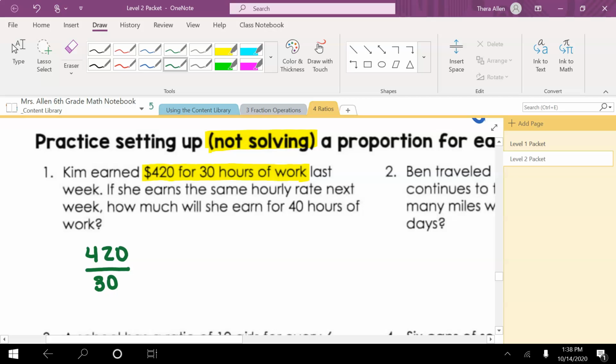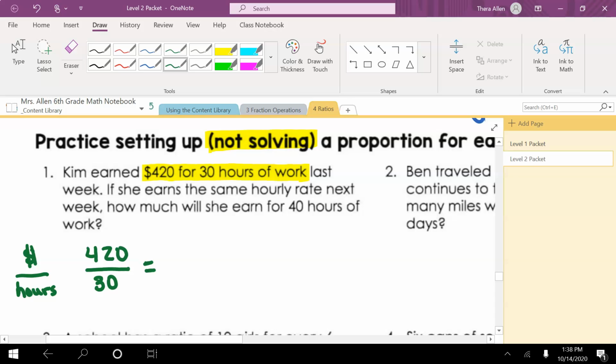And over here to the side, I'm going to make myself a little key so I can remember. I put the money on top and the hours on the bottom. And that's going to help me keep my units in the same place. Go ahead and put my equal sign for my proportion.